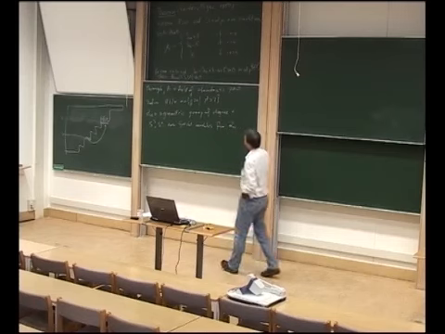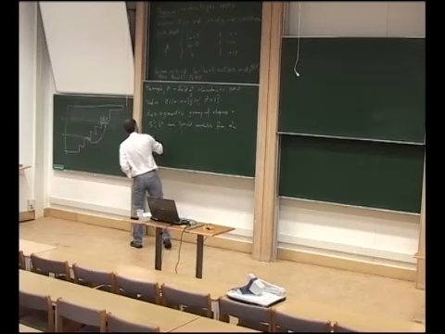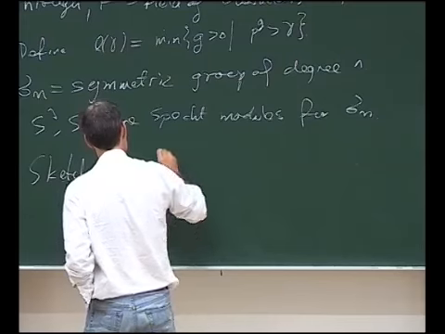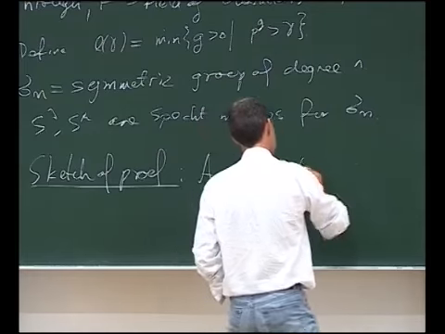So to get lambda, I simply take this block of gamma nodes and I move them up from row b to row a. So it's quite an amazing result, I think. Let me sketch the proof.